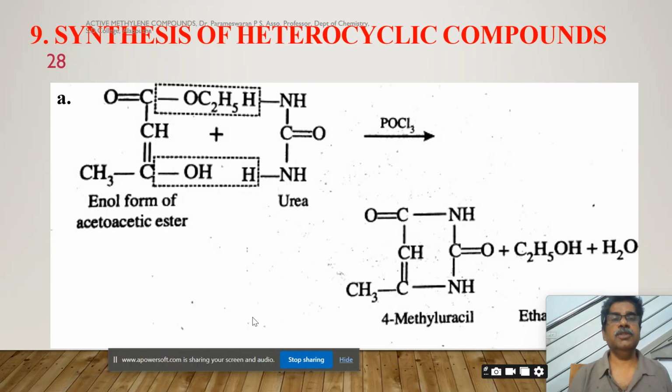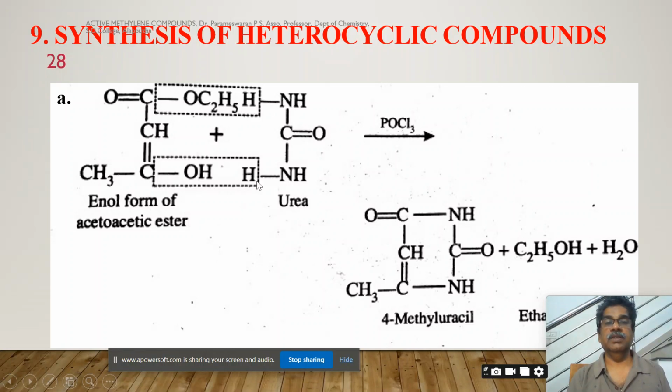Okay, the next one, which is very important, is synthesis of heterocyclic compounds. It was already discussed in the class on reactions of acetoacetic ester. So here, the enolic form of acetoacetic ester, this is the enolic form CH double bond COH. This is urea.